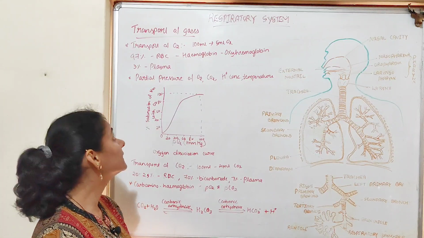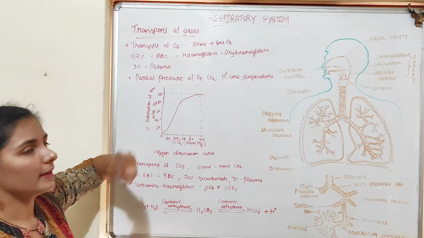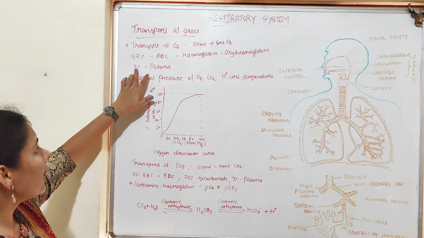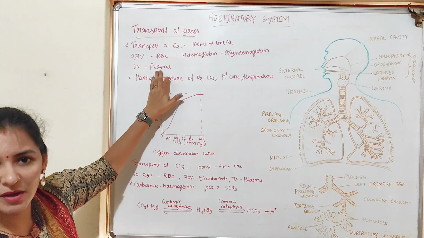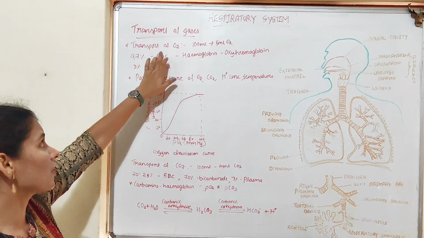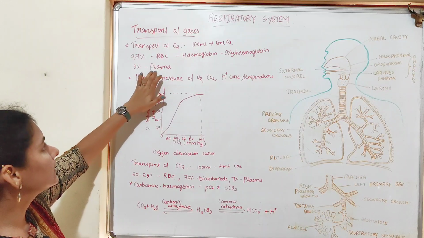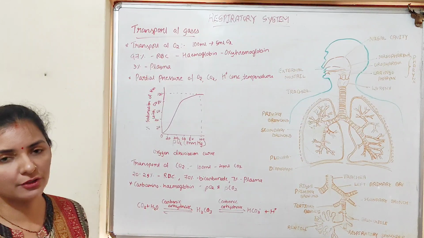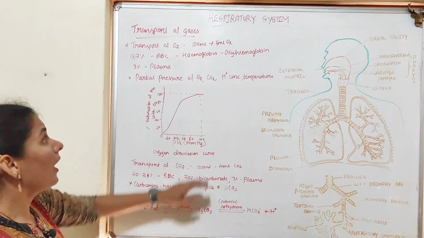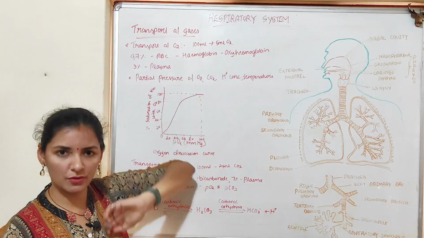So that is how exactly 97% of the oxygen is carried via RBC, whereas the other 3% of the oxygen is carried via plasma in the dissolved form. So oxygen will be dissolved in the plasma of the blood, and only a little quantity, that is 3% of the oxygen, is carried through plasma. 100 ml of this blood has 5 ml of oxygen.